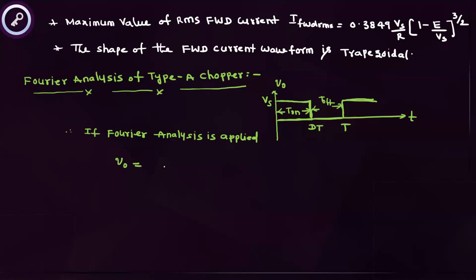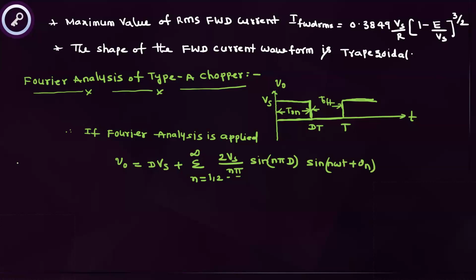The instantaneous output voltage, by derivation, is equal to d Vs plus the summation from n equal to 1 to infinity of 2 Vs by n pi sin n pi d. Important formula: sin n pi d into sin of n omega t plus theta n. That is what we get by applying the Fourier series.